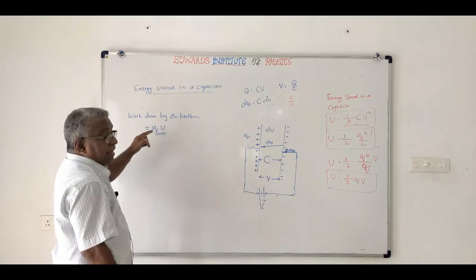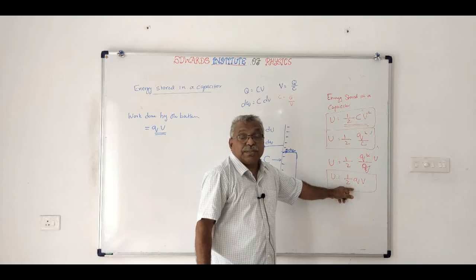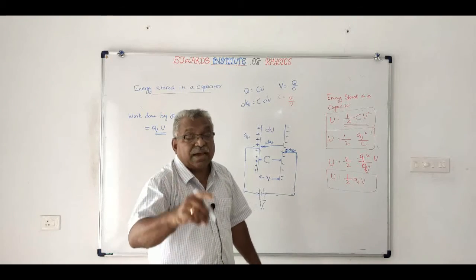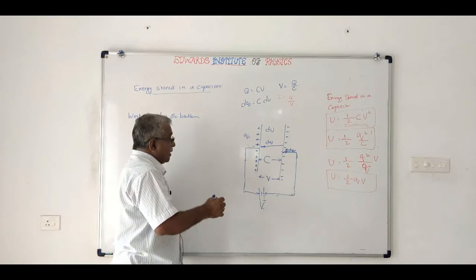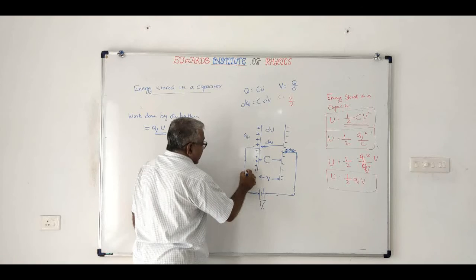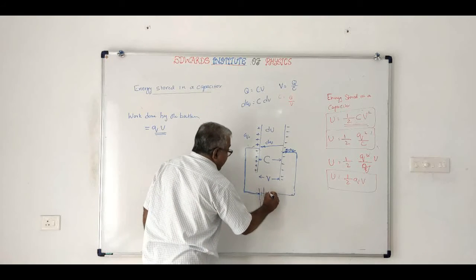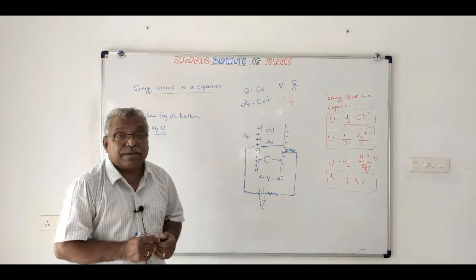So this is the energy spent by the battery, and this is the energy stored by the capacitor, where half of the energy is gone. That energy will be released as heat in this conductor, as well as there is an internal resistance in the battery.